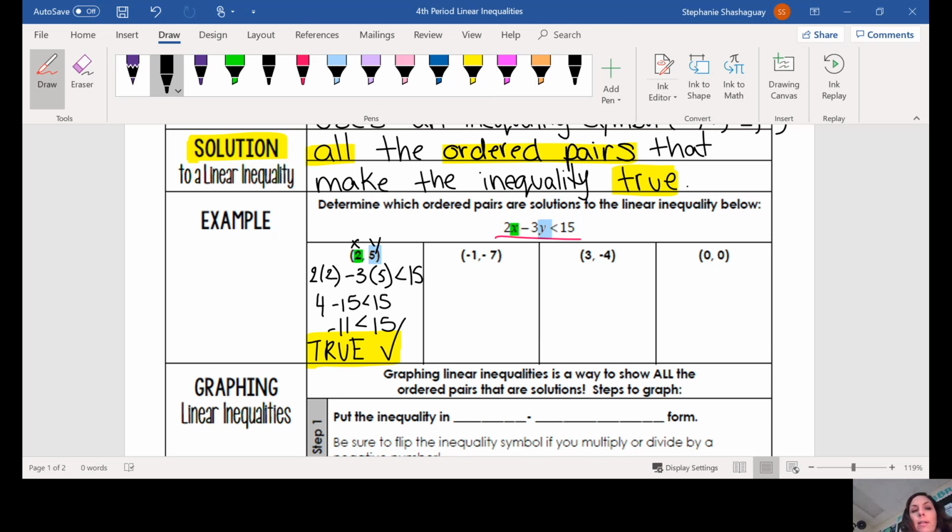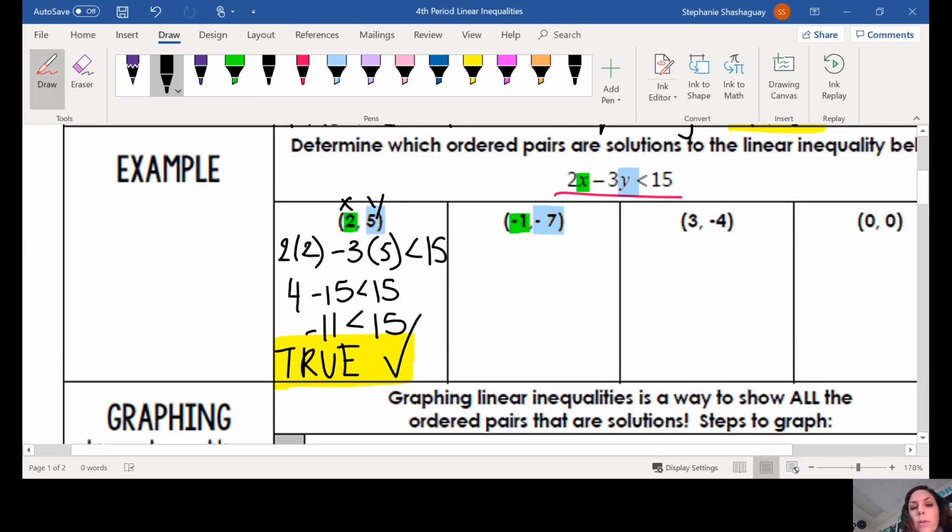Okay. Now again, we have another ordered pair, and we're going to use our x and our y values. We're going to plug those into the equation 2x minus 3y is less than 15 to see if it's a true statement. Okay, so 2 multiplied by negative 1 minus 3 multiplied by a negative 7, is that less than 15? Well, 2 times negative 1 is a negative 2.